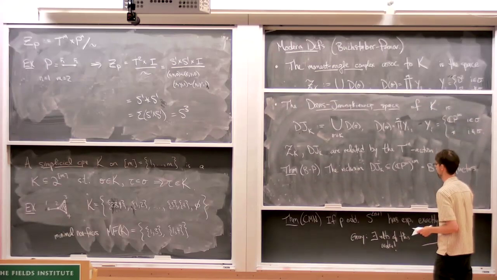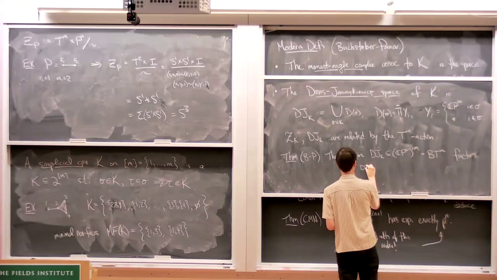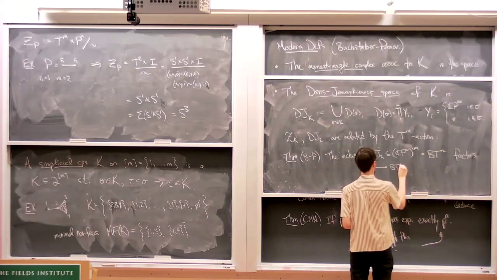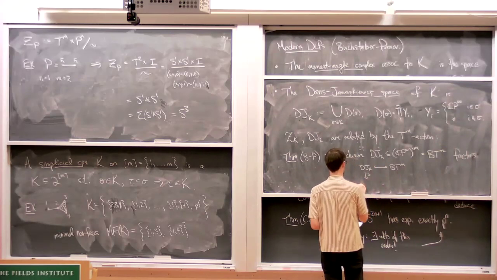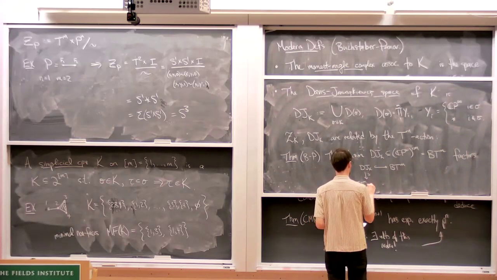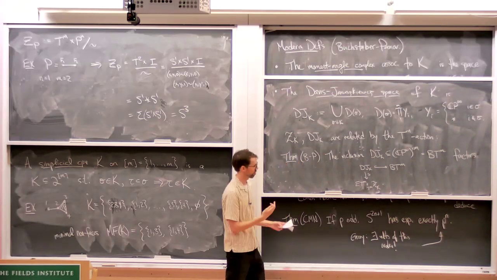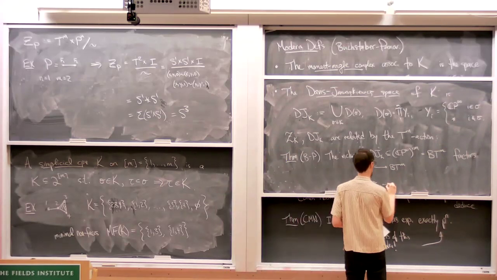as follows. So you've got an inclusion into the Borel construction or homotopy orbit space of this M-torus action on Z_K.